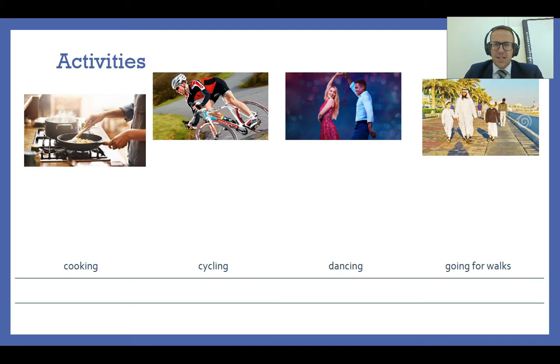So nice and easy to understand using the pictures, but the problem with spelling is the letter C. Here we have C, cooking. Here we have C, cycling. So we have a S and a K sound with the same letter. And dancing is a S sound as well for C. So be careful with the letter C.